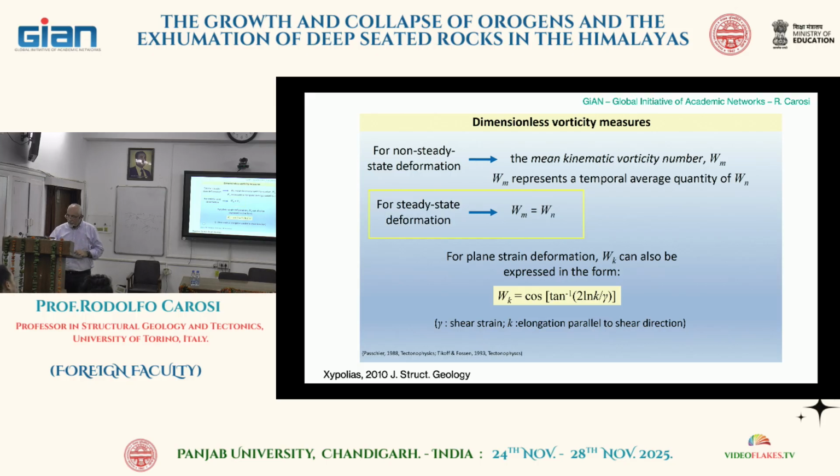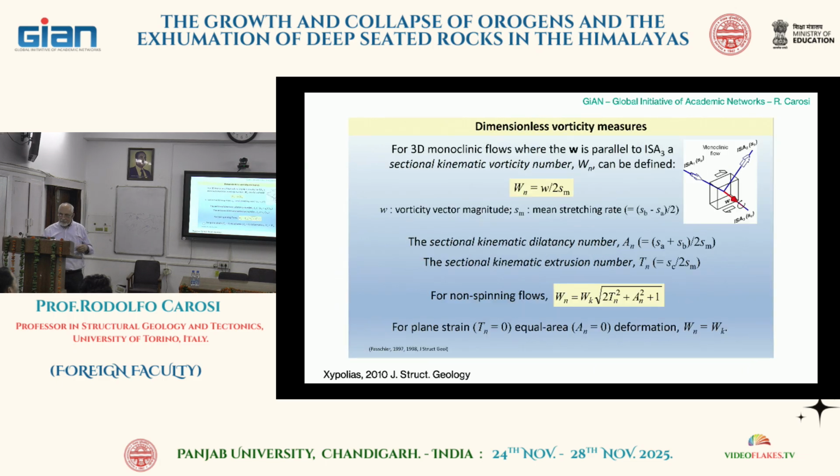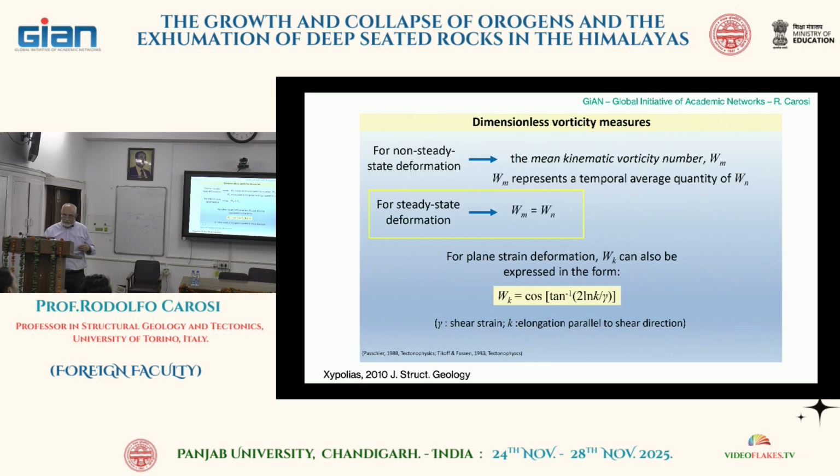But anyway, if you are in this condition, monoclinic flow, plane strain condition, no deformation along the y-axis, and steady state deformation, that means deformation is constant through time, all these numbers, Wm, N, K, are the same. So we put it in the simpler condition.